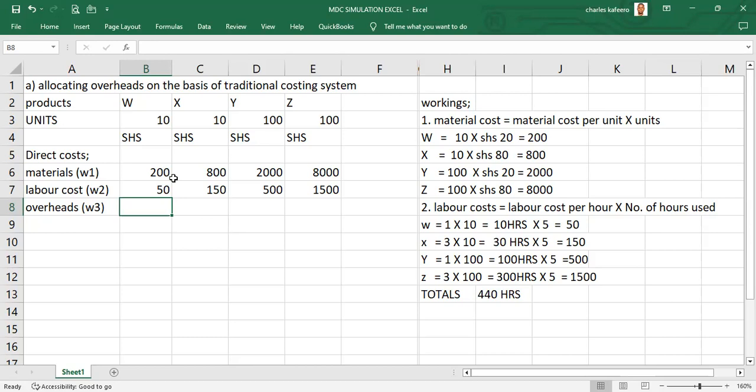So this is what we are going to be following. We use the direct labor hours or the machine hours, whatever has been given in the question. But if you look at the question, they have given us the direct labor hours. We are not going to use the direct labor hours per unit, but we are going to use the total direct labor hours that were spent for each product. These ones, the ones we've computed here.